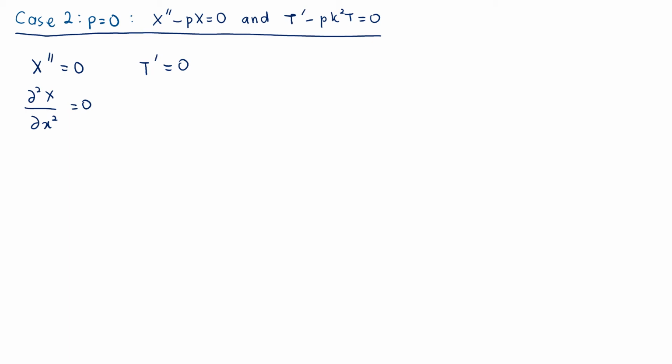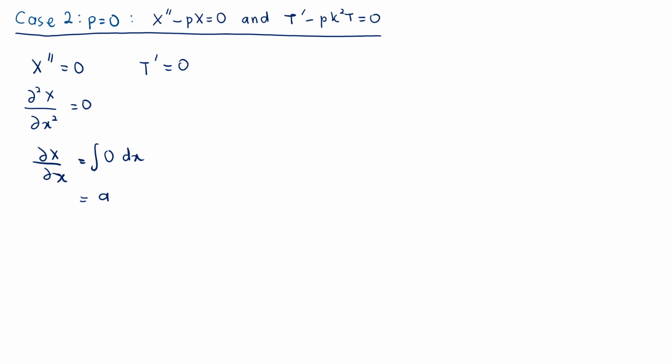So the antiderivative of this equation will be dx over dx is equal to the integration of 0 with respect to x. The integration of 0 gives 0, but you need to add a constant, which I represent as a.